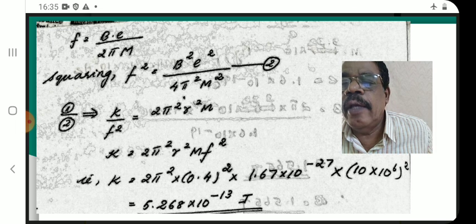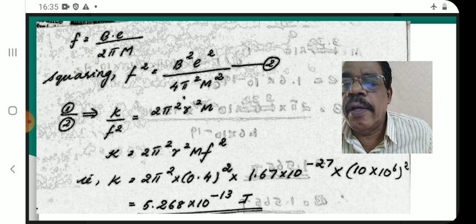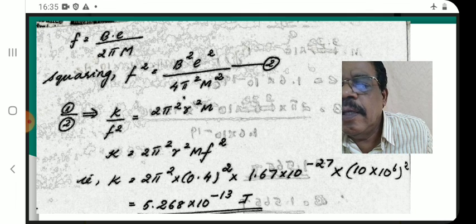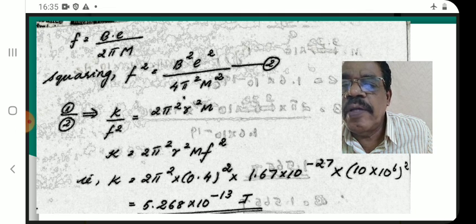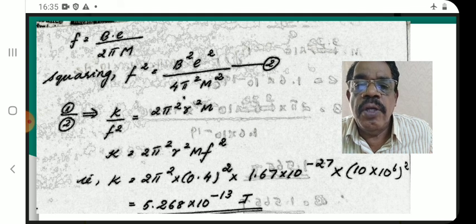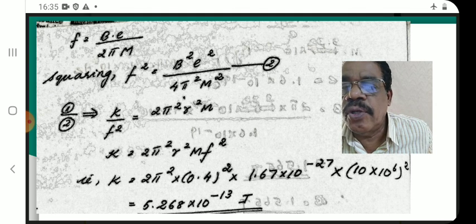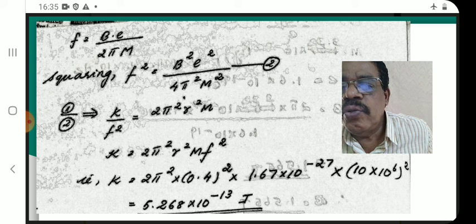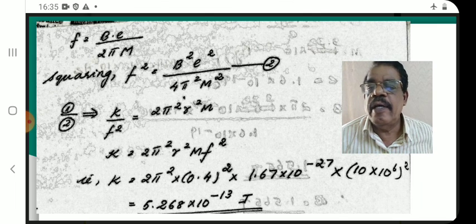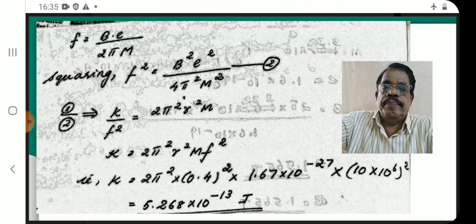So K is 2 pi square r square m f square, directly to get the value. Otherwise we can find each quantity and substitute. That is K is 2 pi square into 0.4 square into 1.67 into 10 raised to minus 27 into (10 raised to 6) square, which is equal to 5.268 into 10 raised to minus 13 joule. We can find B and then K, or do it either way.